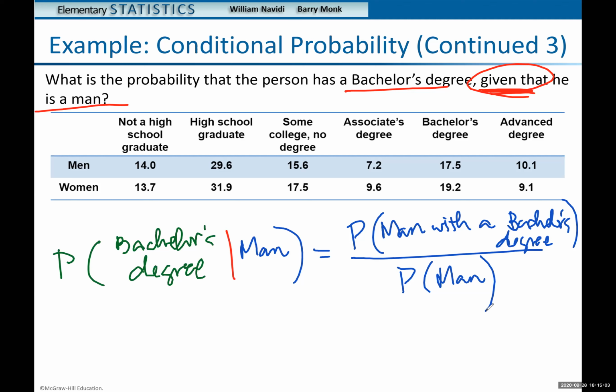So we got these answers earlier. The first one, probability that he is a man, and the second, probability that he's a man with a bachelor's degree. Remember that? A and B.